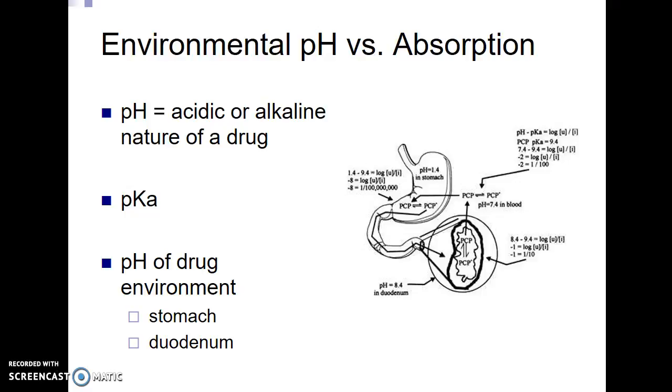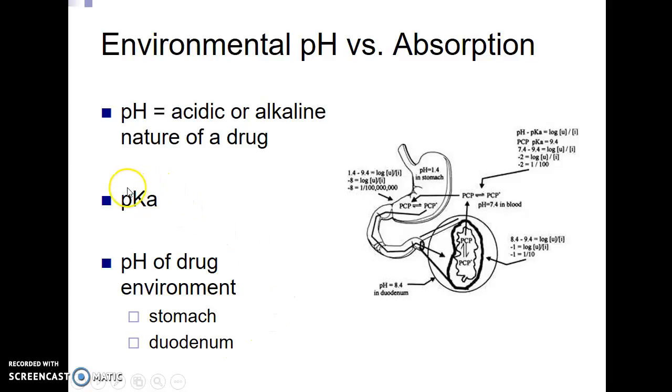So what happens, though, to a particular drug is it can change its form between hydrophilic and lipophilic depending on what environment we place it in. And so we have different environments in the stomach and the duodenum, or the beginning of the small intestine.